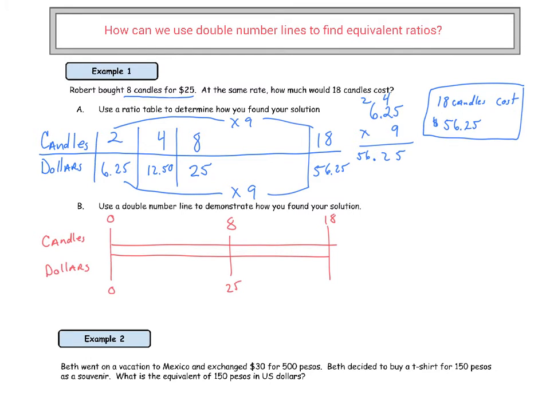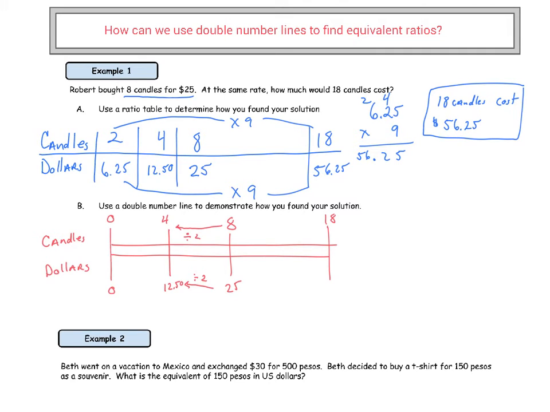Similar to letter A, I can't think of a factor when multiplied 8 by some number that will give us 18. So again, what we have to do is break our ratio down into a more simplified ratio in order to build it back up. So if I divide both 8 and 25 by 2, I'll end up getting 4 candles costing $12.50.